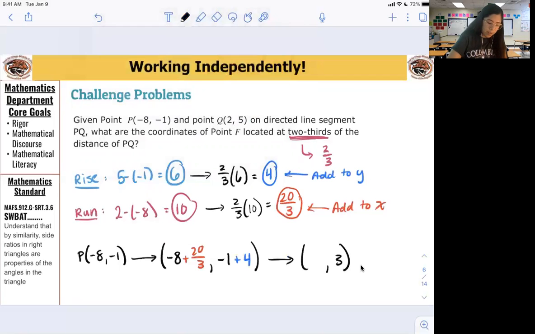So how do I add a number, any number, plus another fraction? What has to be the same? They have to have the same denominator. So how do I turn 8 into something over 3?